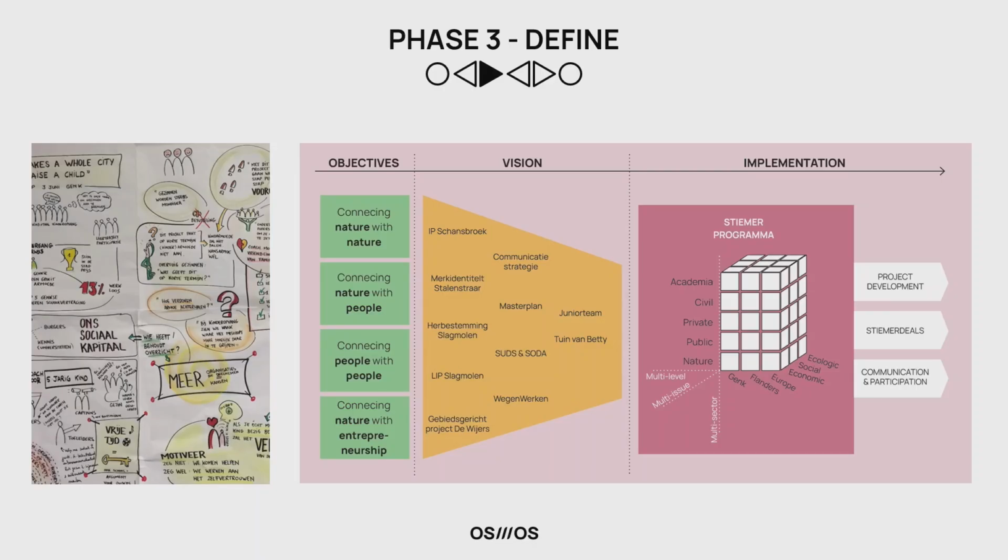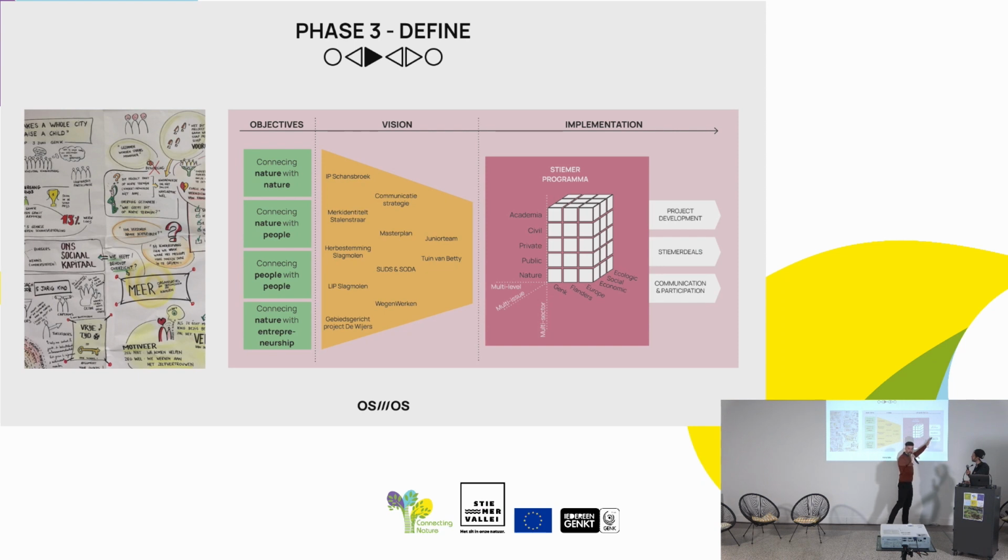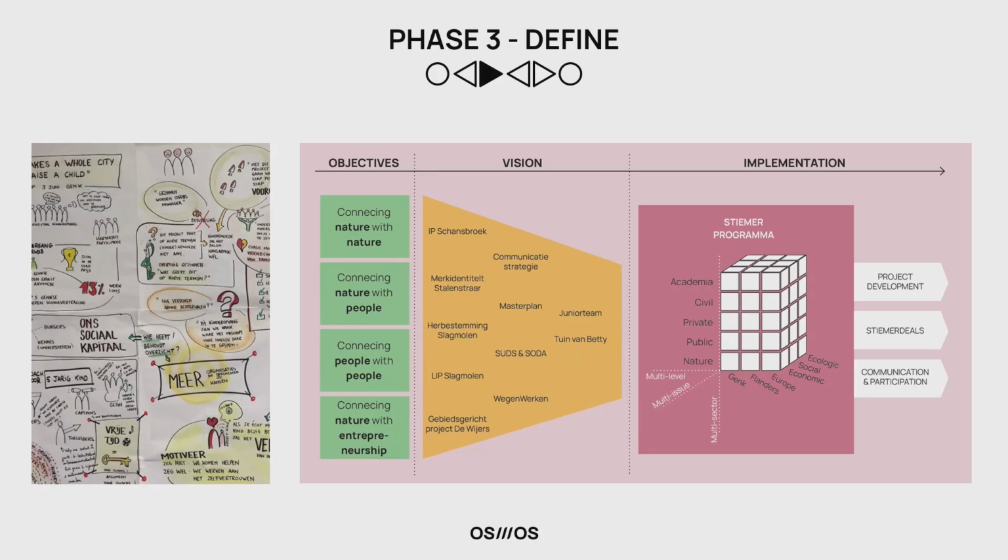For those of you that have followed some of the presentations from the City of Genk, you've probably seen this already. But then, in terms of the focus of the implementation, there were 3 key areas. It was the master plan or projects, the steamer deals, that was softer interventions, and then there's a communication participation element. So that was how the City of Genk reframed the focus.